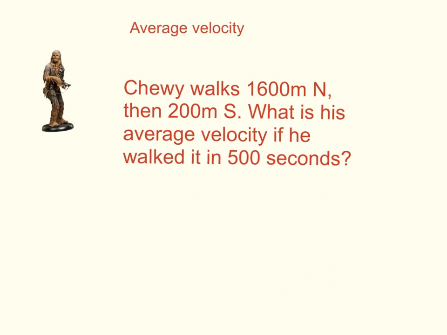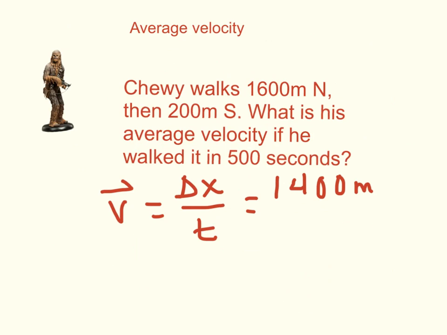Now, let's do the same problem, except now let's calculate the average velocity if he walked it in 500 seconds. So now we're going to say average velocity. Remember, that's a vector quantity, so it might help to remind you to draw a vector sign over the v to let you know that direction is important. It is equal to delta x over t. Well, delta x was 1,400 meters north divided by 500 seconds.